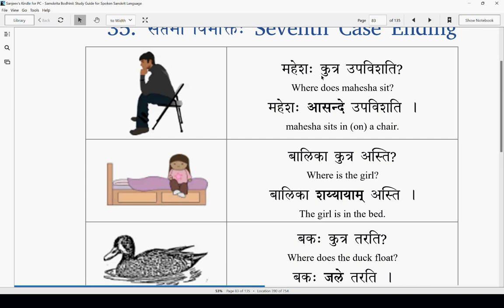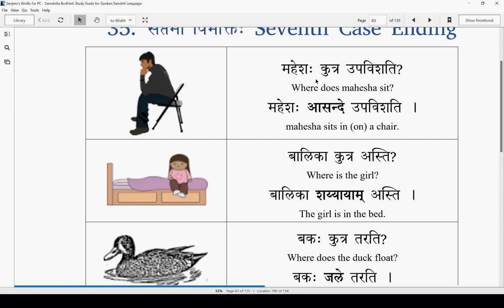Chaturthi, what was the Chaturthi question word? Kasmai. Kasmai Pustakam dadati. Bhavan kasmai pustakam dadati. That could be the sentence.